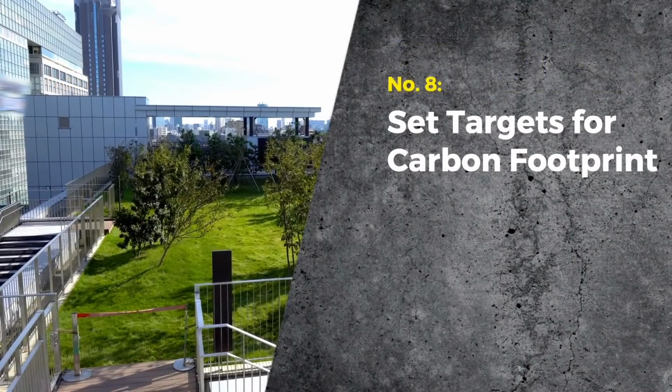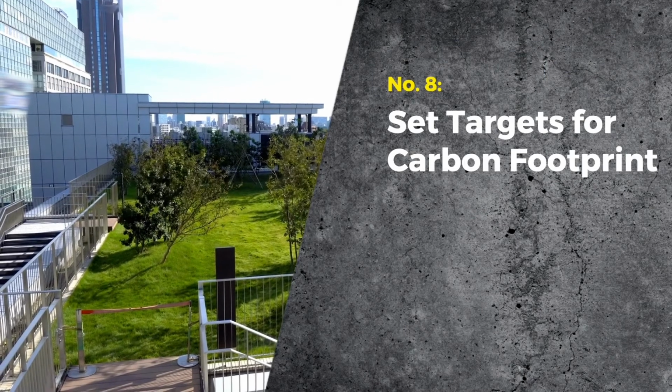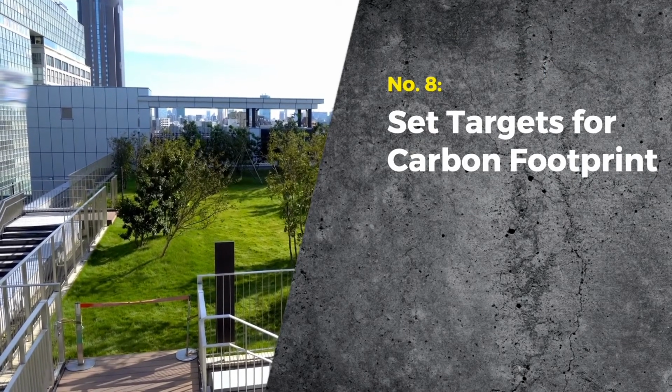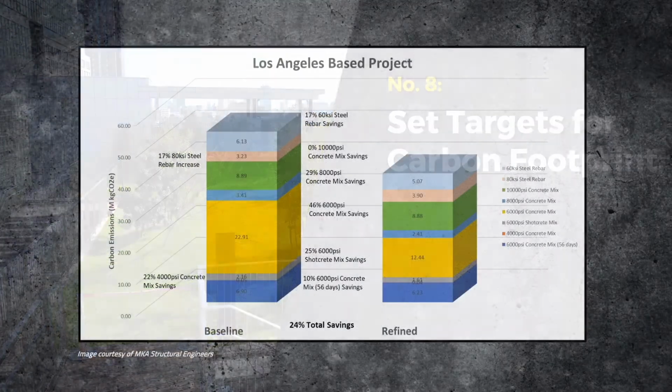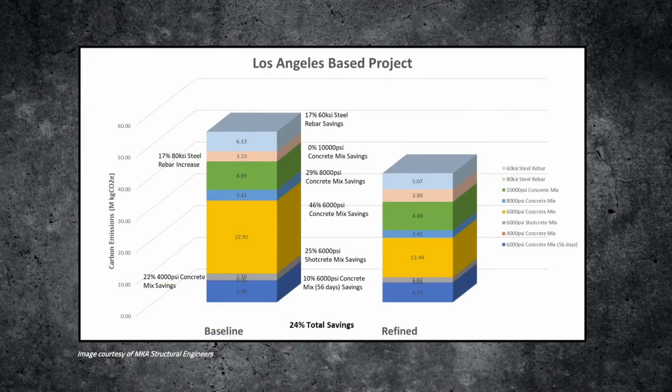The next strategy is one of the most important and one of the hardest. You have to set targets for carbon footprint. This strategy is for those who have some knowledge of life cycle assessment, experience with environmental product declarations, and an understanding of global warming potential for the targets to be implemented effectively.